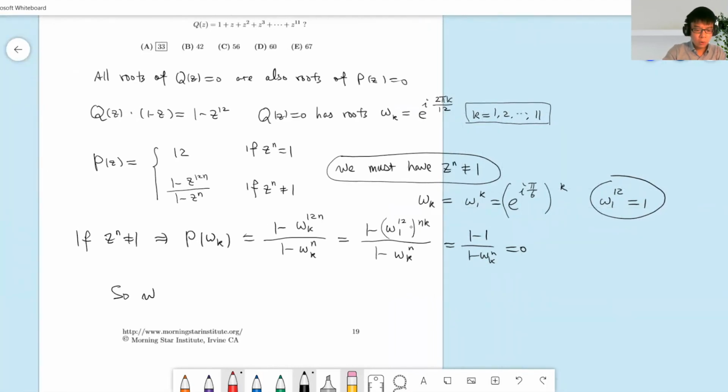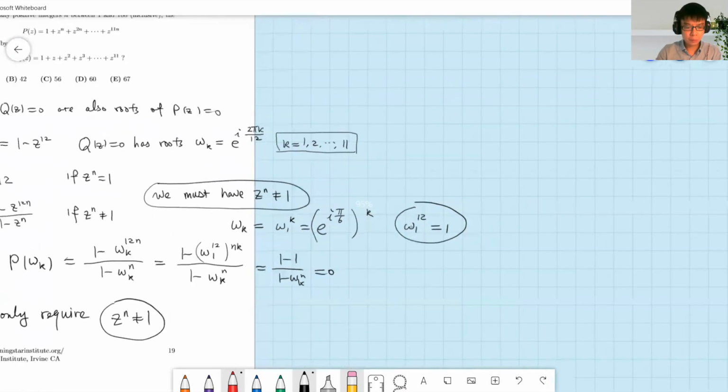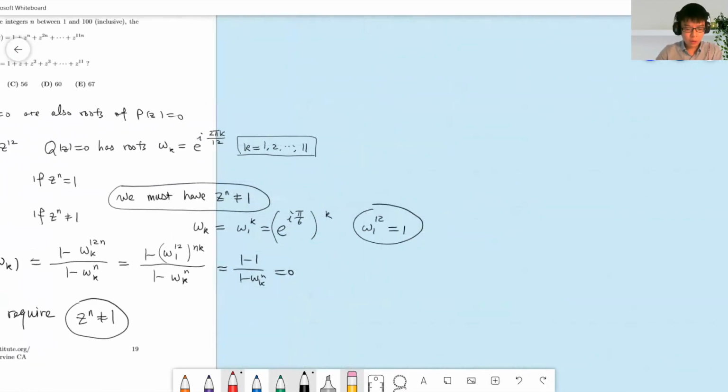So we only require z^n not equal to 1. We should find all n such that z^n is not equal to 1, and let's see what the requirement here is.